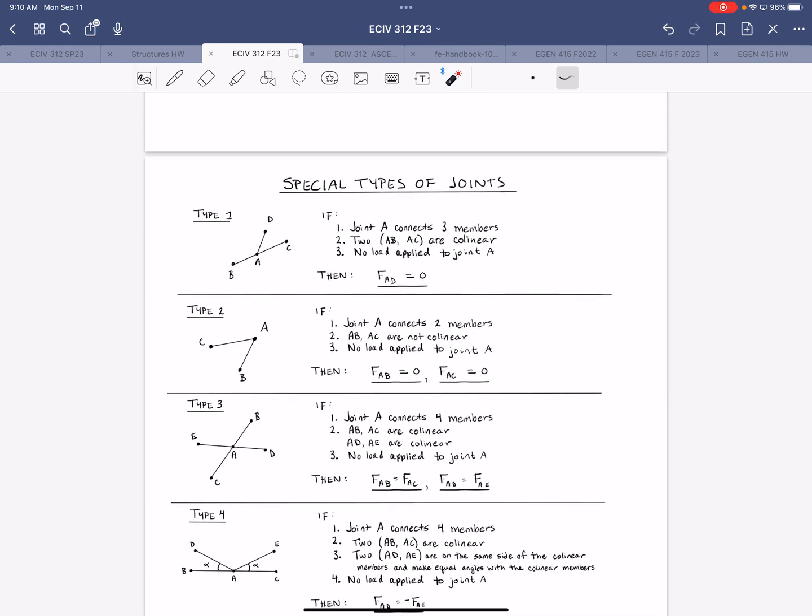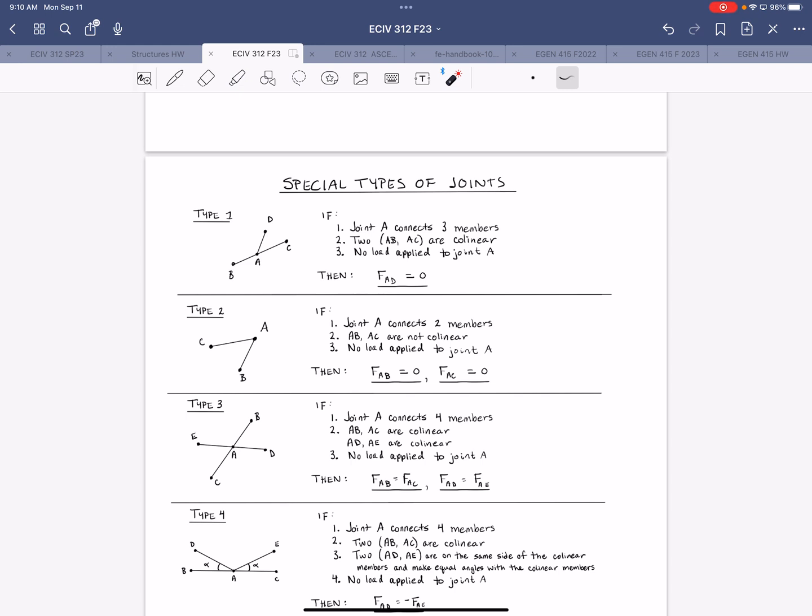All right, so first up, special types of joints. This worksheet or this handout is pretty handy to refer to whenever you are considering truss analysis. It's nice to have, but once you get accustomed and more comfortable with analyzing trusses, you'll find that you won't really need to refer to this handout anymore.